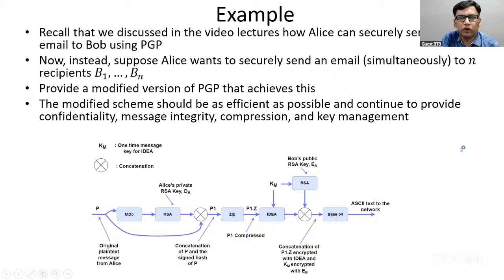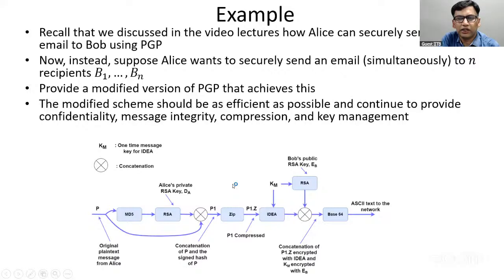One simple brute force way is just to repeat this block diagram n times, so Alice independently sends the email message separately to B1 to Bn. That's a brute force way, but it is inefficient because all these operations need to be repeated n times. We observe that most of these operations are common to all the receivers B1 to Bn.